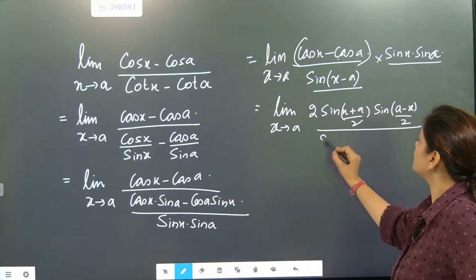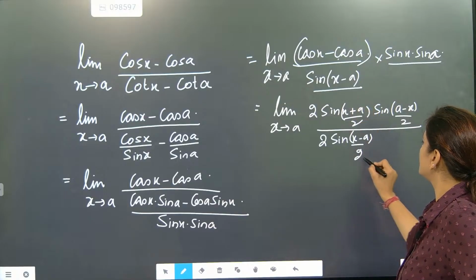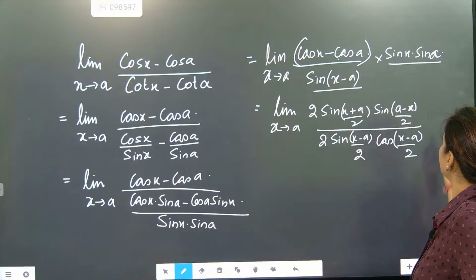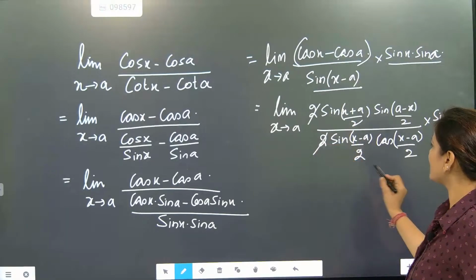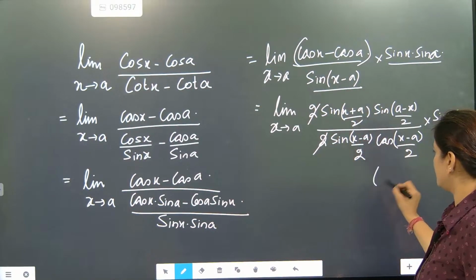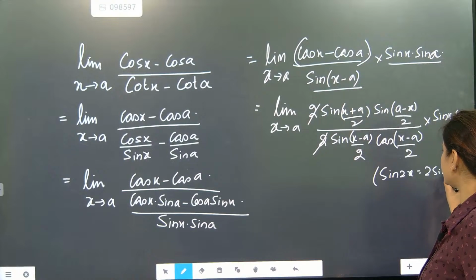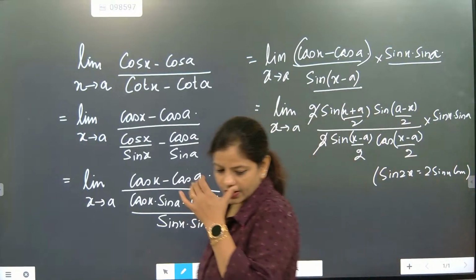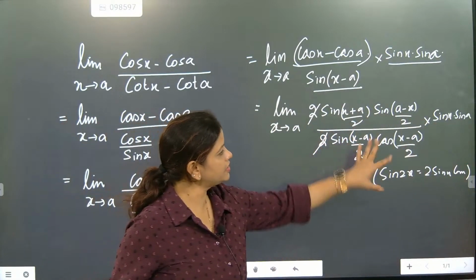It will come to sin of x minus a by 2 into cos of x minus a by 2, into sin x into sin a. Why can we write like this now? Because the sin 2x formula is 2 sin x cos x. I just used the formula. Nothing big I have done. I have just used the formula, and in that formula part only I have written the sections.